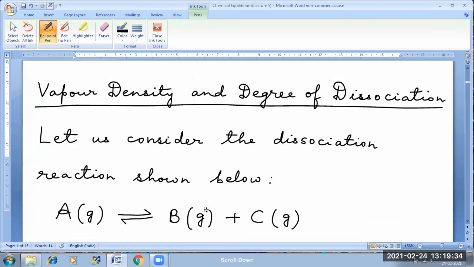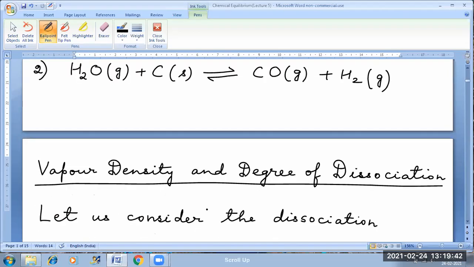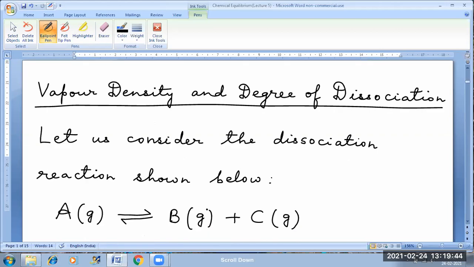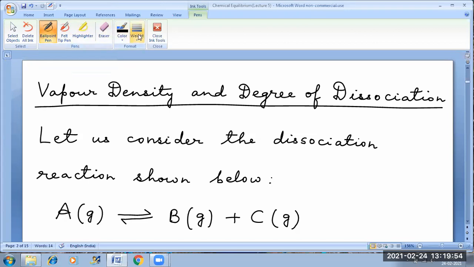Okay, next heading is this. Vapor density and degree of dissociation. So we will take one example of this reaction where we have one species undergoing dissociation to form two different species.